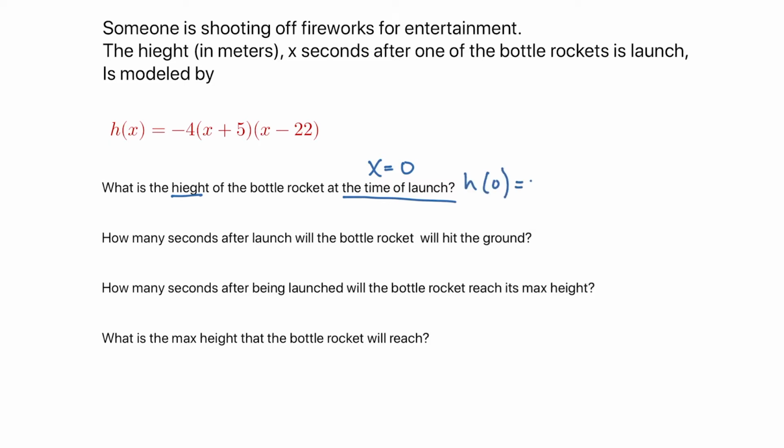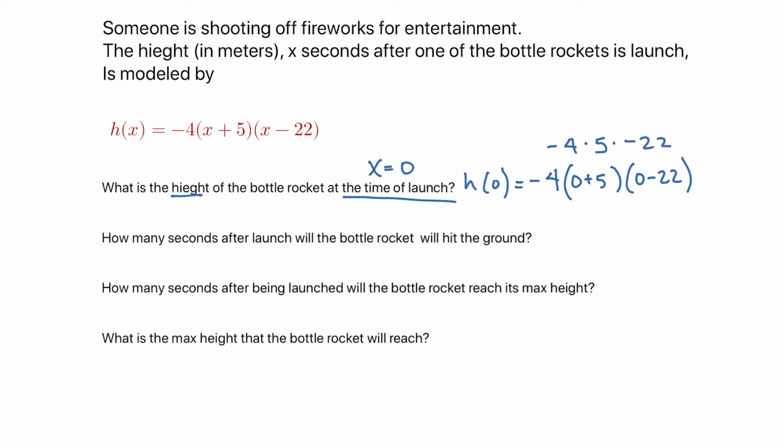That means wherever I see x in my function, I'm going to plug in 0 and solve. So 0 plus 5 is just 5, and 0 minus 22 is -22. So I have -4 times 5 times -22.